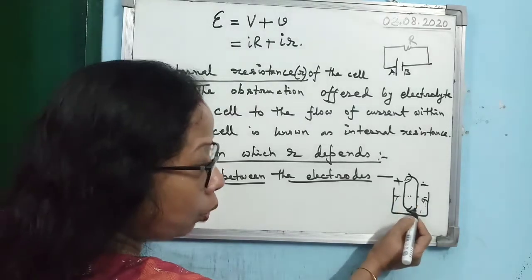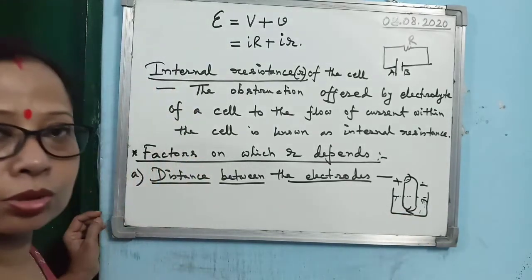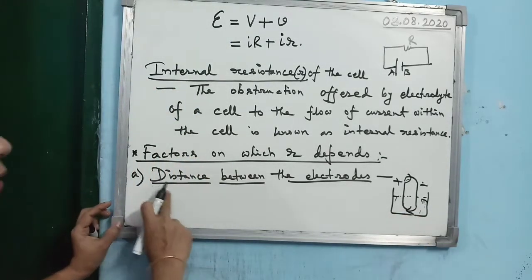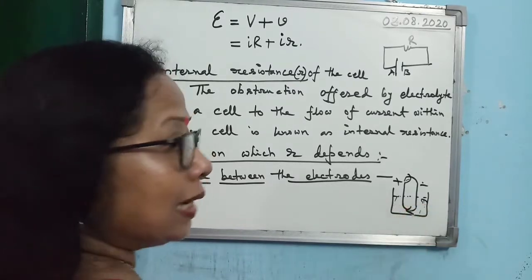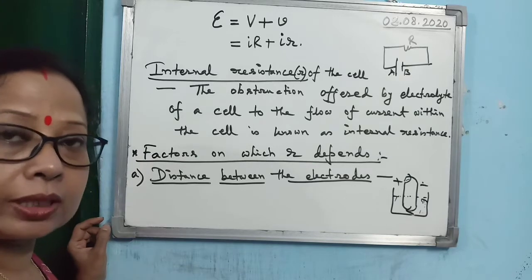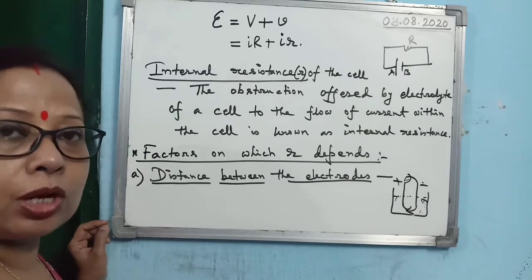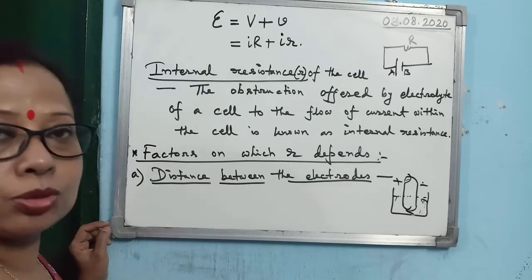Current is flowing only through the electrolyte between the two electrodes. So when the distance between the two electrodes increases, the length of the electrolyte through which the current is passing increases.